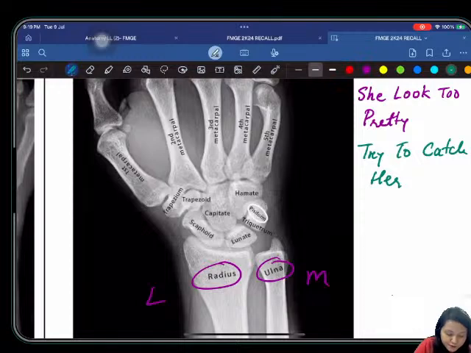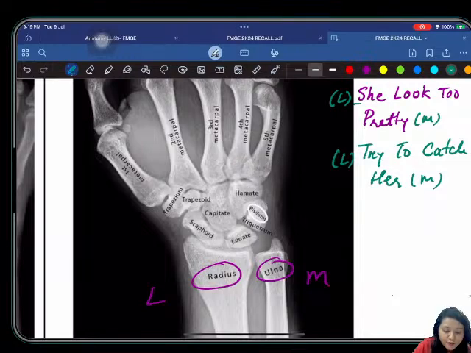She is on the lateral aspect, pretty is on the medial aspect. Again, try is on the lateral aspect and her is on the medial aspect. Now, S for scaphoid, L for lunate, T for triquetral and P for pisiform. And for the second row, you have trapezium, trapezoid, capitate, and hamate. Okay, from lateral to medial.